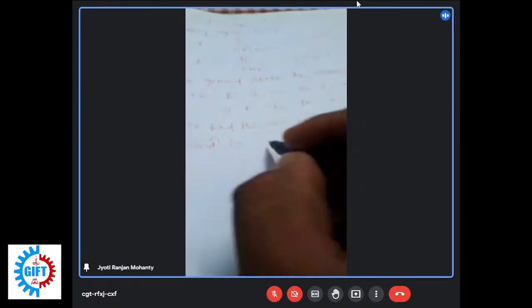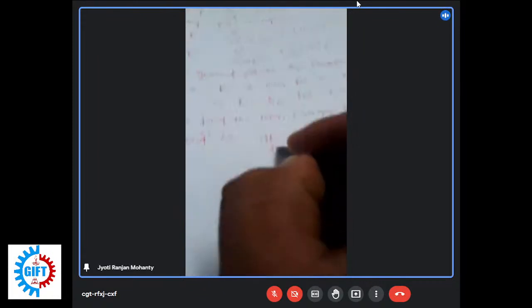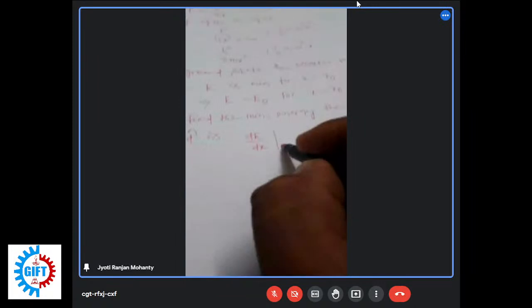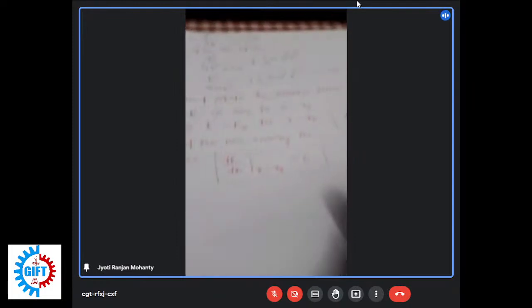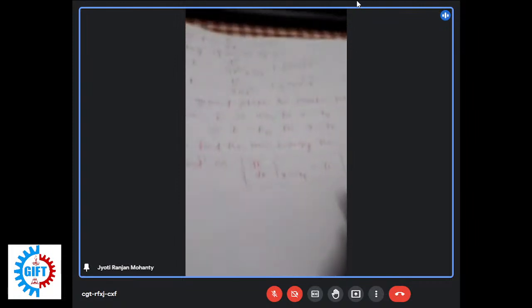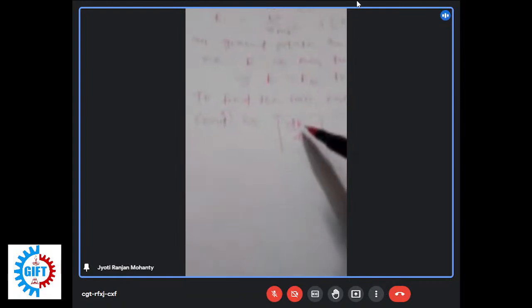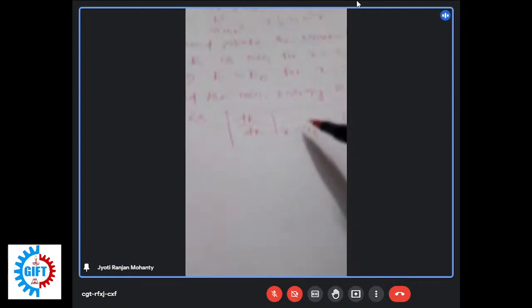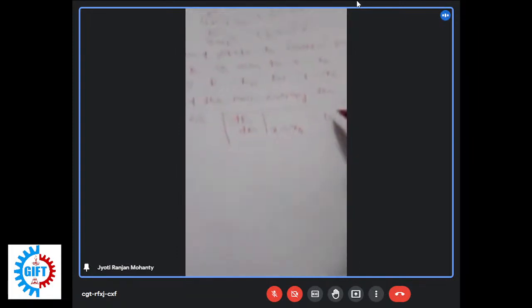The condition is dE by dx at x is equal to x0 is equal to 0. You have to remember. Because in mathematics you read that to find the maximum or minimum, you have to take the help of the derivative. If you take dE by dx at x is equal to x0, it becomes 0.